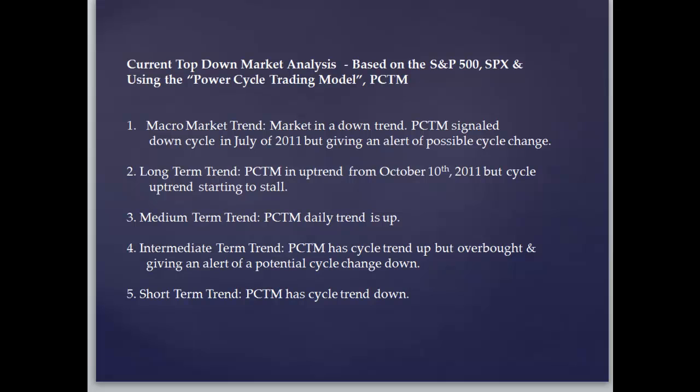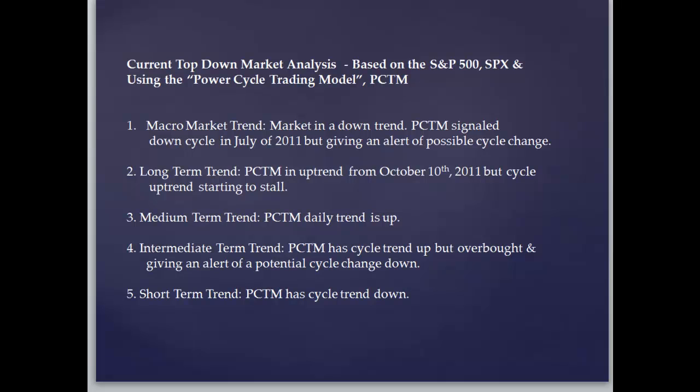The second, the long-term trend, based on the power cycle trading model, is in an uptrend. It went to an uptrend basically around October 10th, 2011, but the cycle uptrend is starting to stall. Third, the medium-term trend. The power cycle trading model has the daily trend currently up.